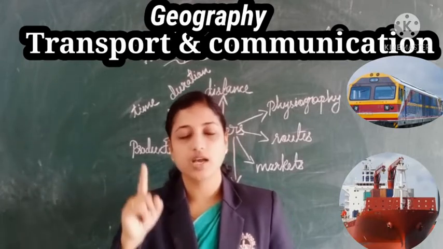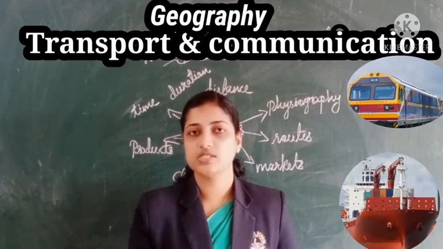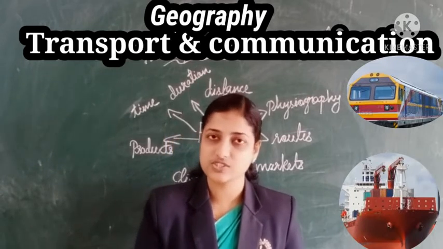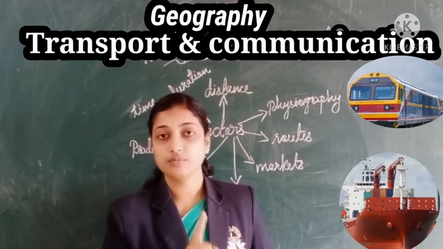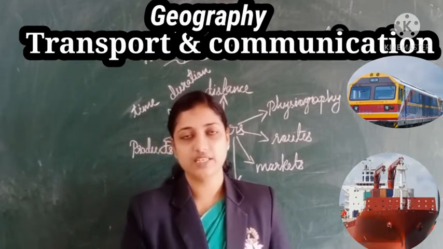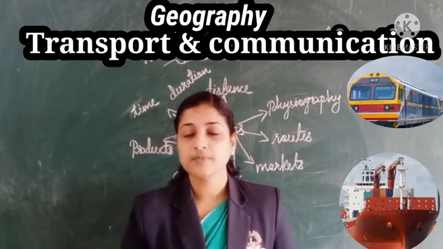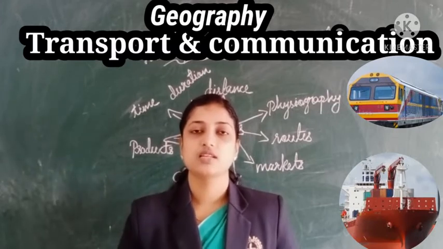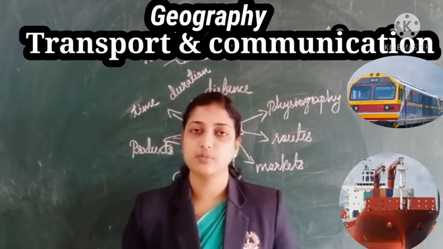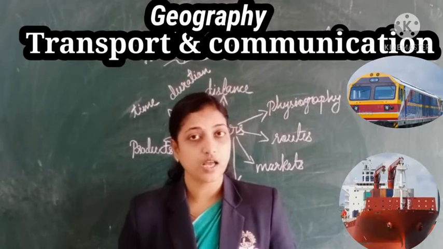For example, in the northernmost Himalayan range, transportation is very less, so we are not using that much there, because inaccessibility is the reason. So wherever a transportation system is there, we can utilize that particular area in a proper manner.